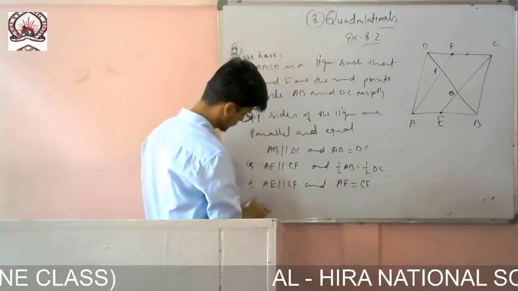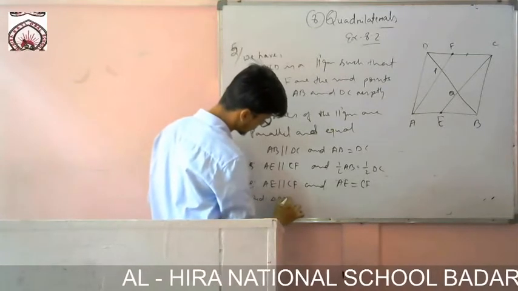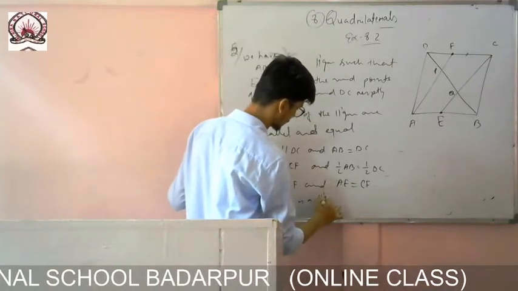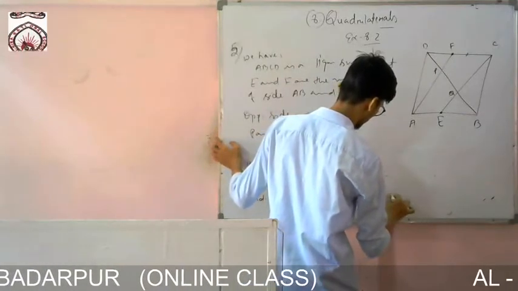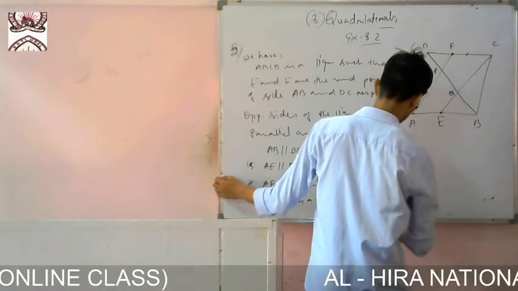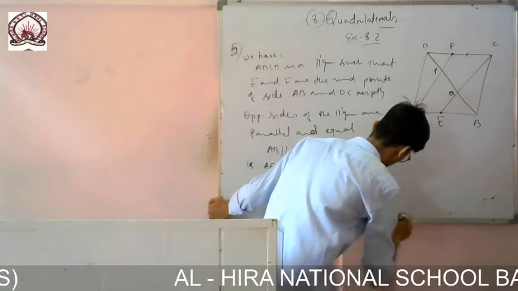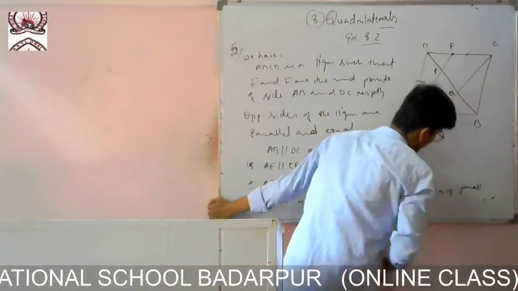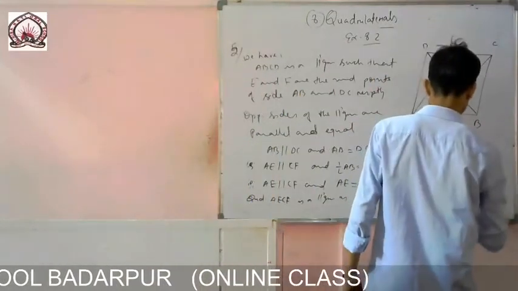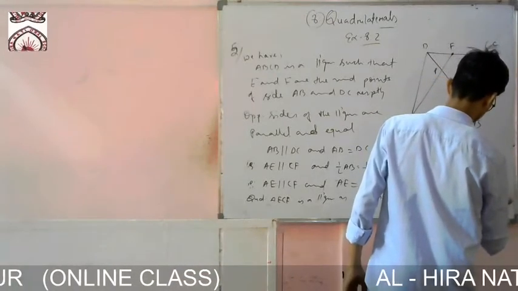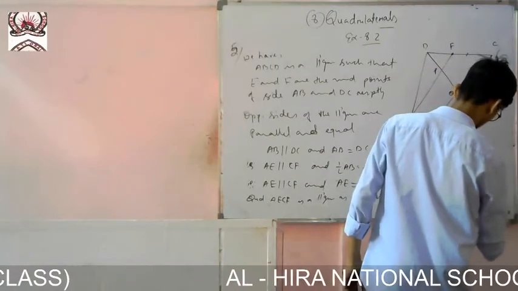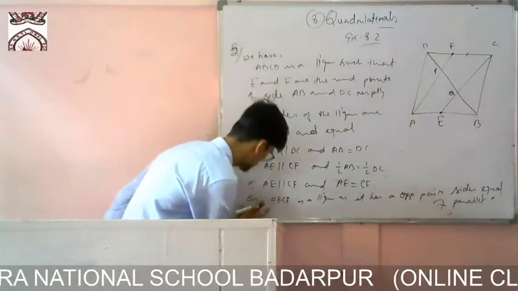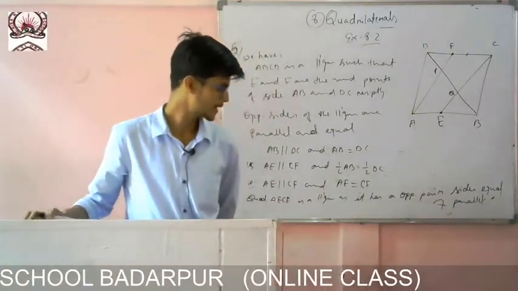Therefore, you write, quadrilateral AECF is a parallelogram as it has a pair of opposite sides equal and parallel.